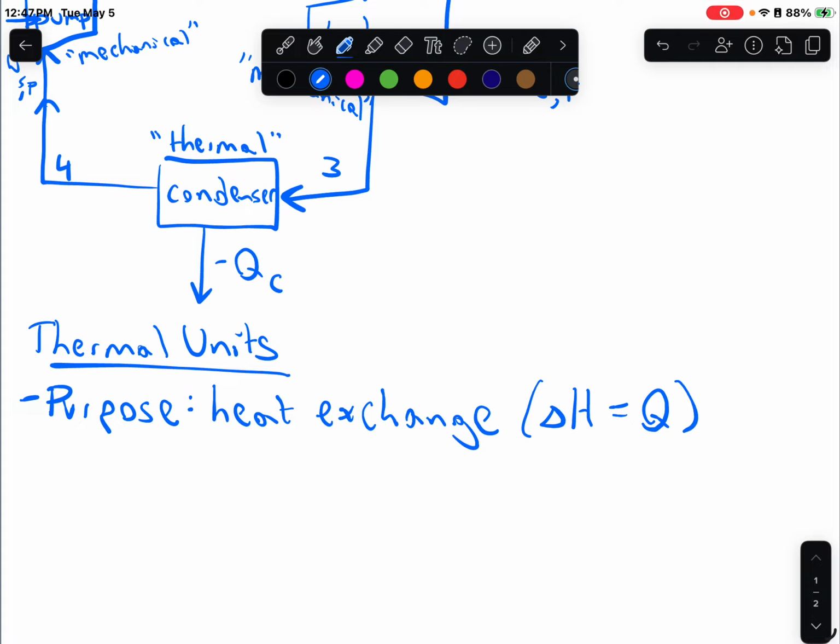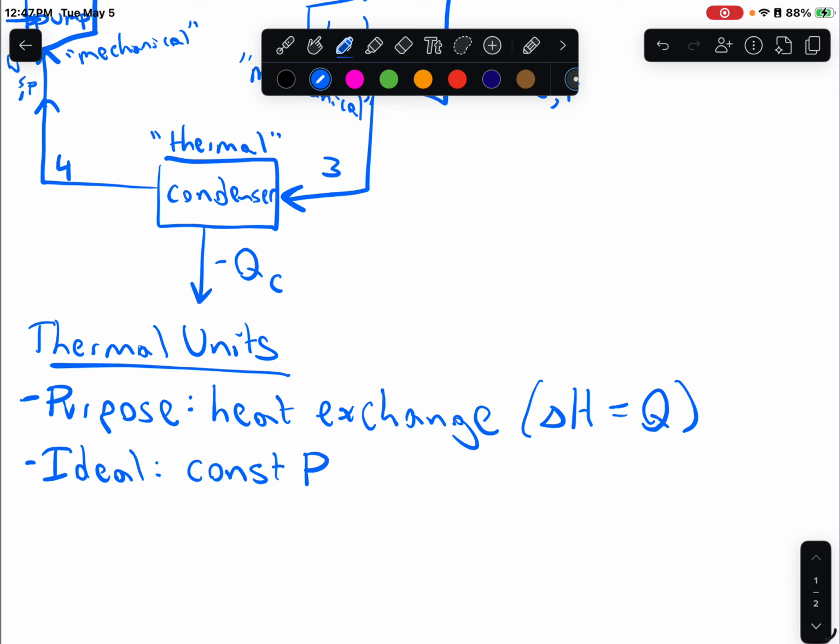We balance delta H with Q and W so that we can have separate terms for shaft work, which we would either put in a pump or extract. But this is a thermal unit, so we don't intend to do either in this case. So the ideal behavior for a thermal unit is going to be constant pressure.